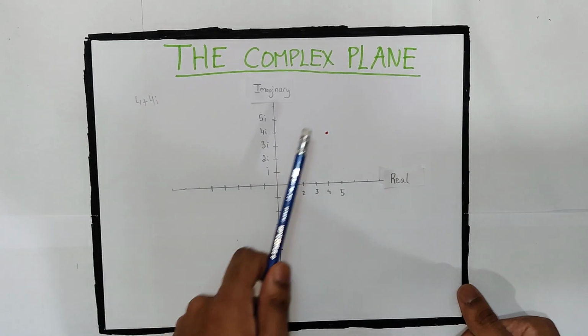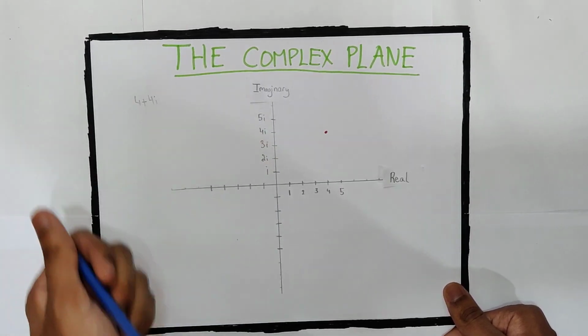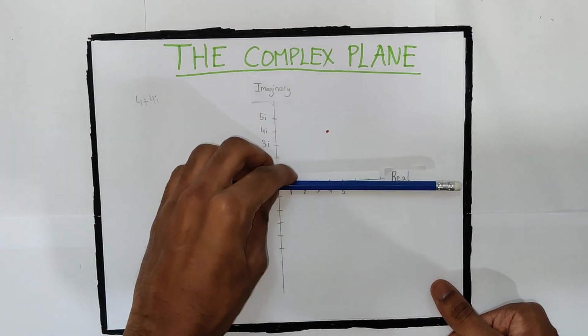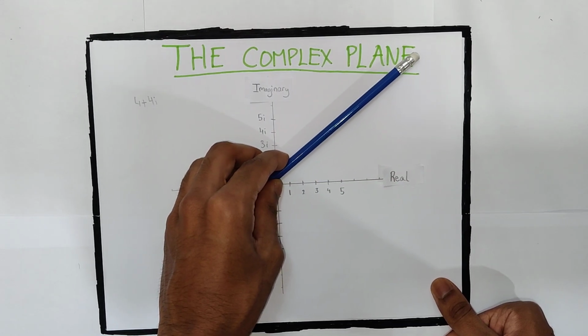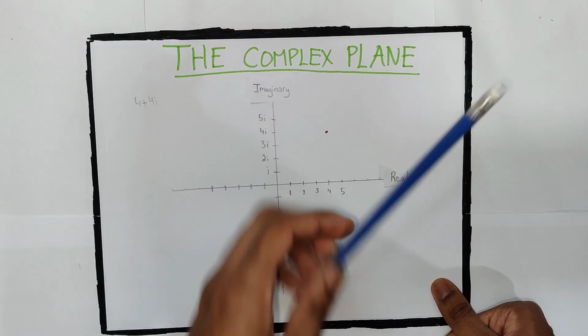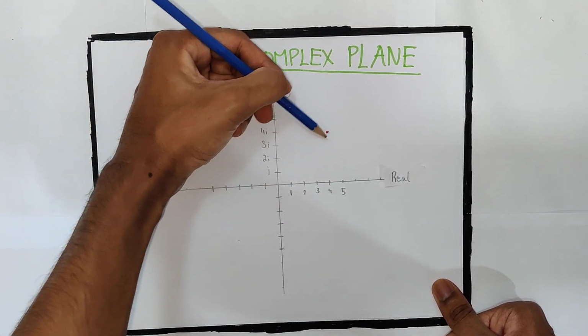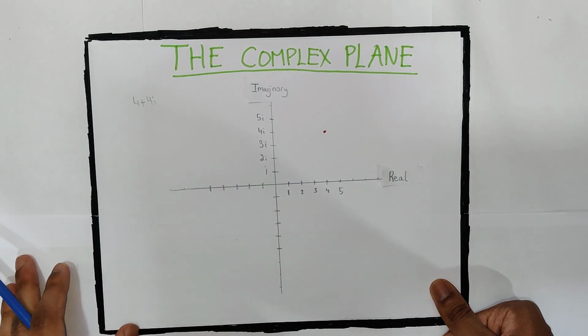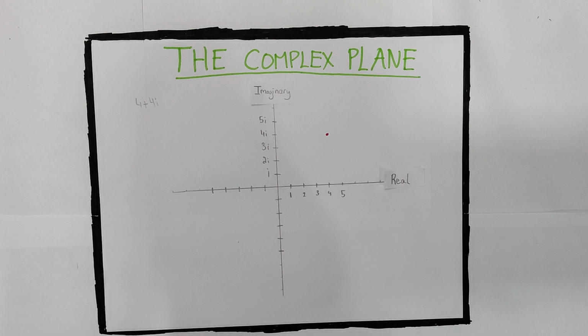What if we thought about this complex number not just in terms of its x and y coordinates, but what if we thought about the angle that you had to go to reach that complex number on this plane? And what if we thought about the distance of this complex number from the origin? What could we do with a definition like that?